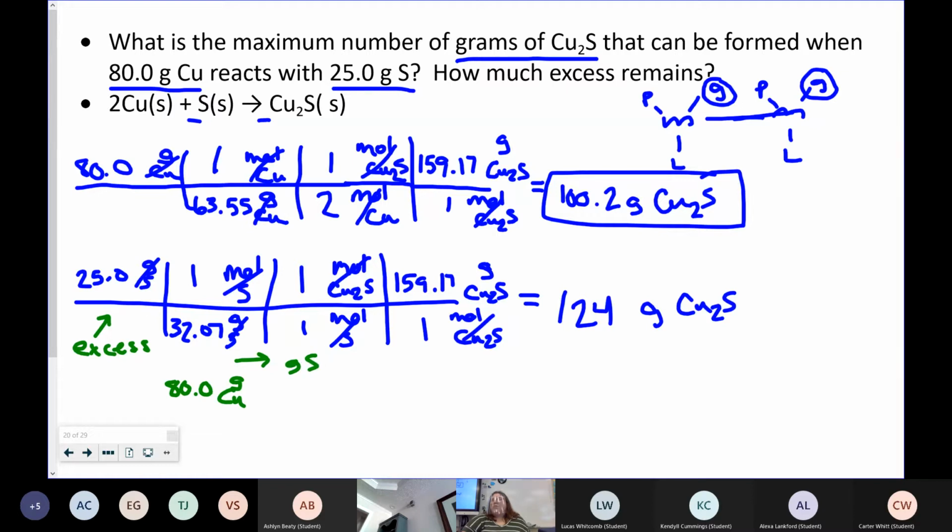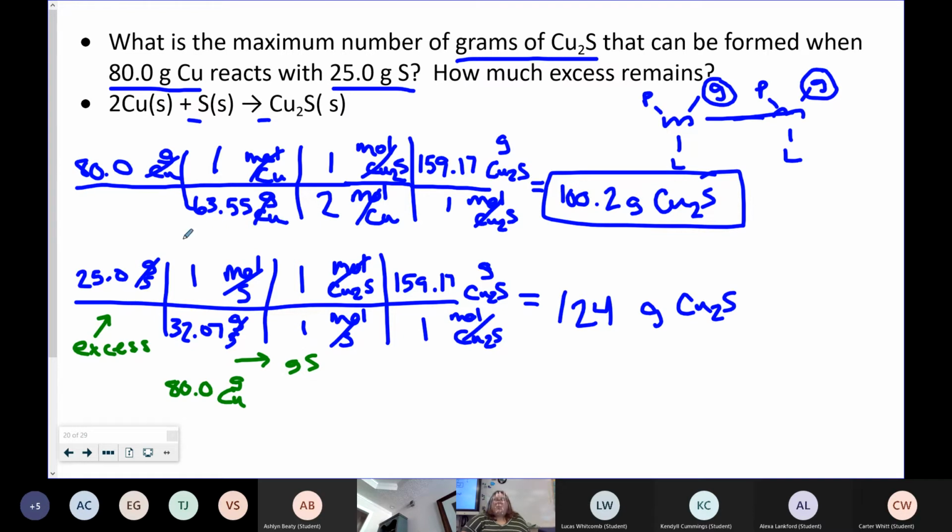That way we can subtract from that original amount to see what is left over. So we're still doing the exact same steps. We're going from grams all the way to grams, but we're changing from the limiting reagent into our excess reagent.